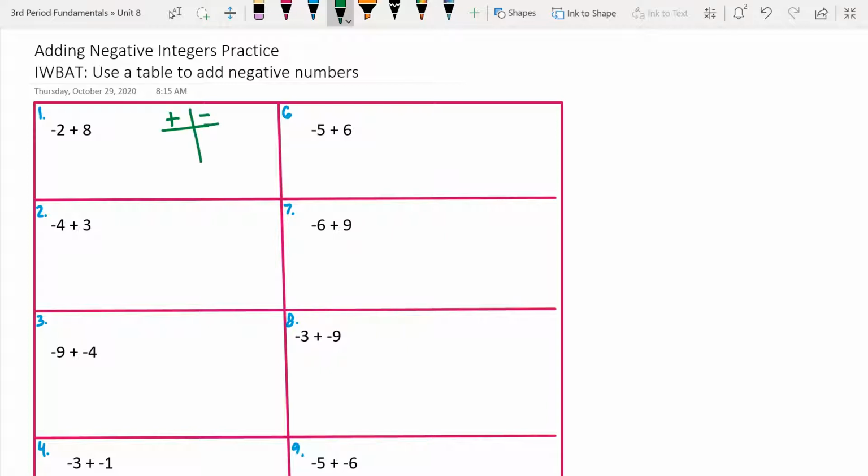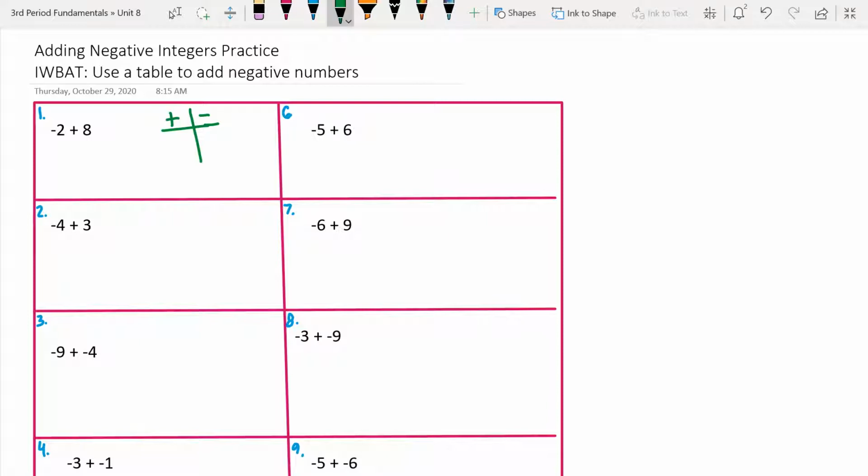This is what I want you to do: on your paper next to the problem, write yourself a little table, write a plus sign on the left and a minus sign on the right. The plus and the minus are related to the numbers in the problem. This table method works only when we're adding, so when there's a plus sign in the middle of the numbers, which all of our problems are addition problems, which means this table will always work.